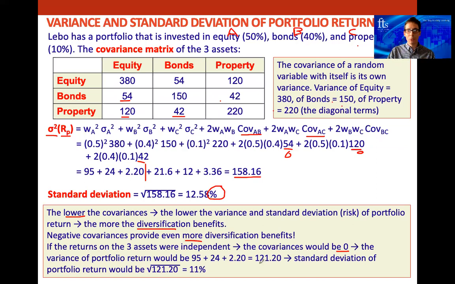The variance would then come to 121 only, and that means the standard deviation would also be lower, so it would be 11% versus 12.5%. Of course, 0 is lower than our covariances are. So with lower covariances, again, we get lower standard deviations.